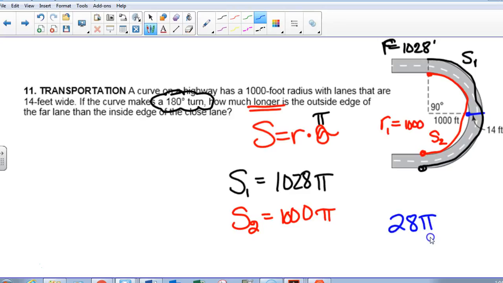Does that mean 28 feet? Now you got to multiply your 28 times pi, and we get what? Okay, round 88 feet further to go around the outside. Now remember, that was the very outside edge and the very inside edge.